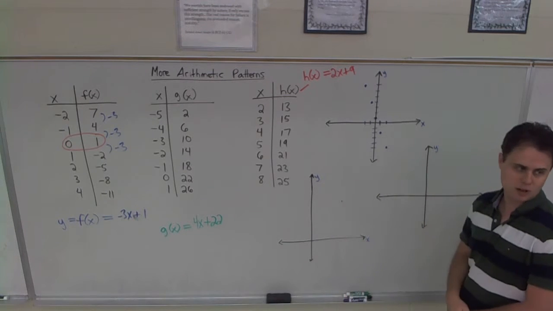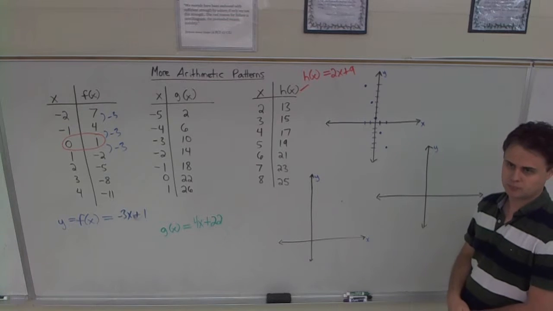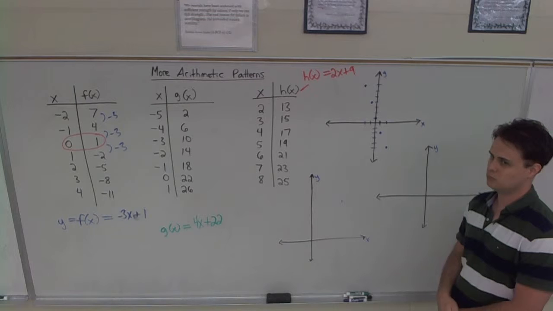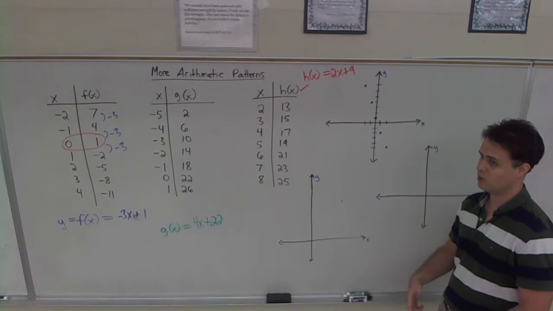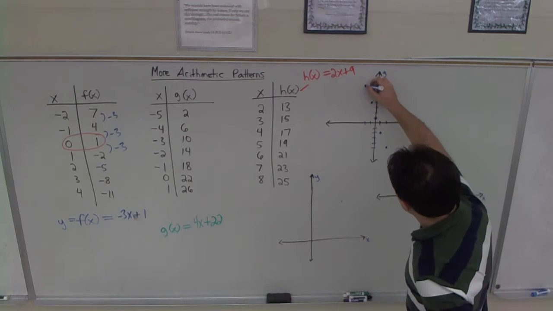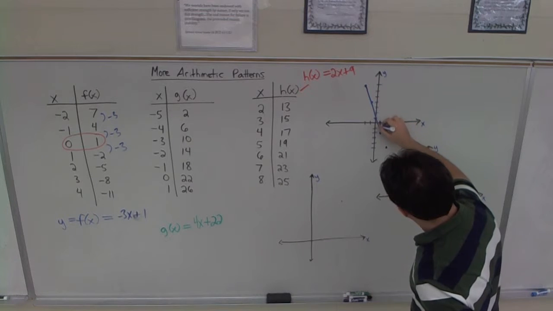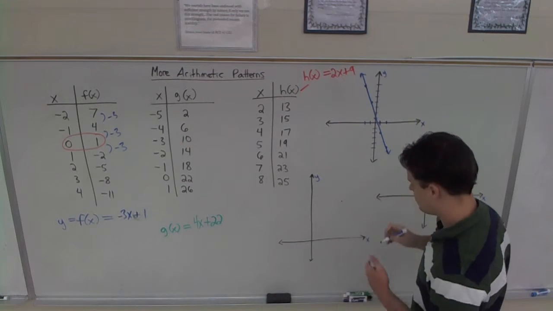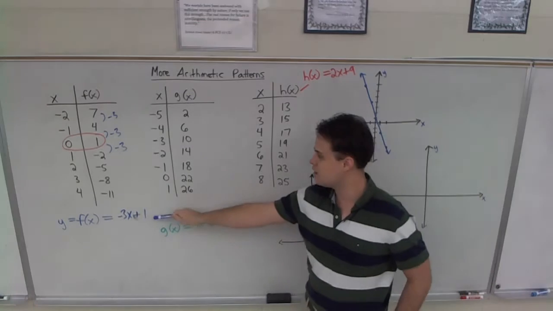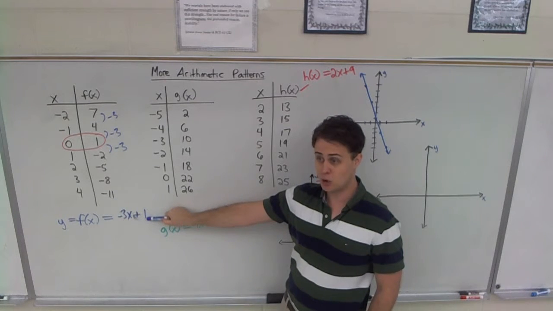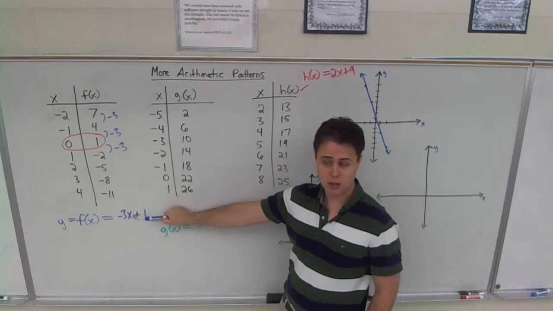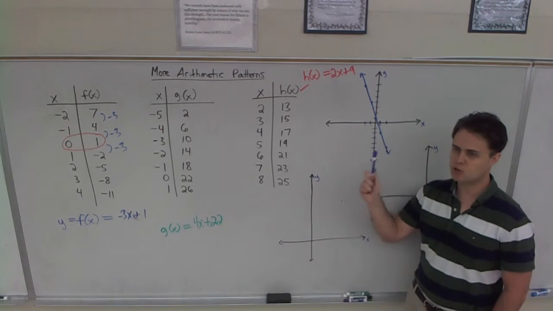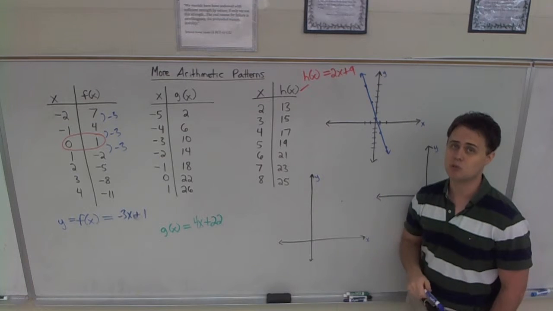What kind of pattern is that? It's a straight line, right? So besides the fact that that's a straight line, I want you to look at the numbers in the equation for the function, and look at the picture up here and tell me where those numbers appear on the picture, because that's what's really important here.